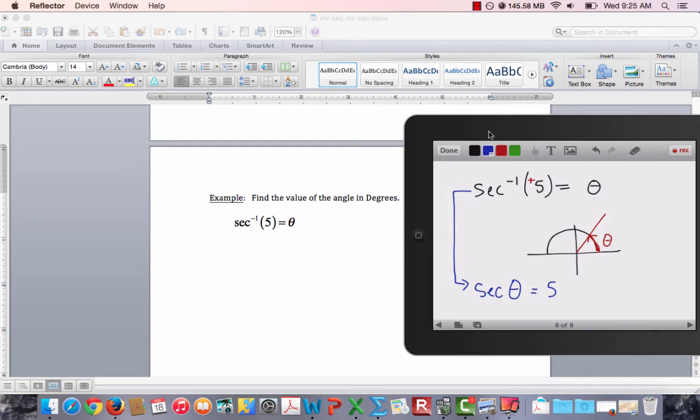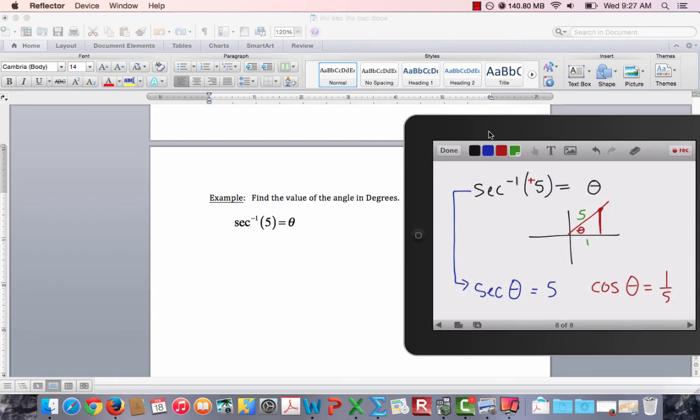If we want to try to reciprocate this value, remember, we are reciprocating the sides of the reference triangle here. So if the secant is 5, that's because the cosine of this same angle is 1/5.